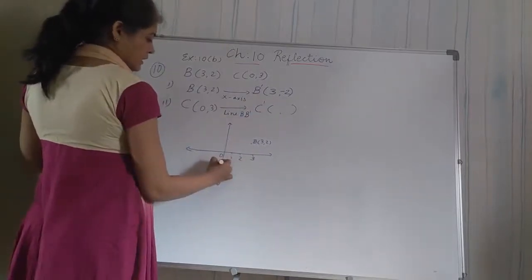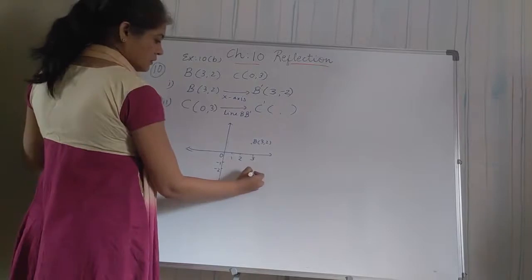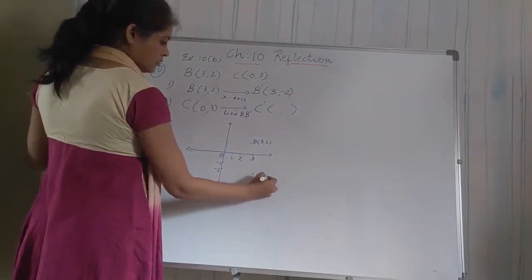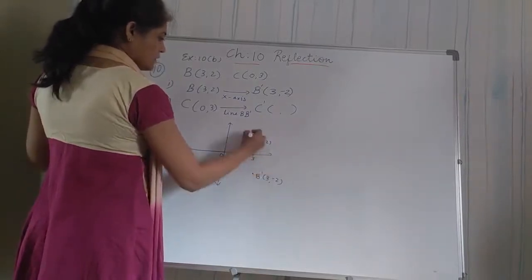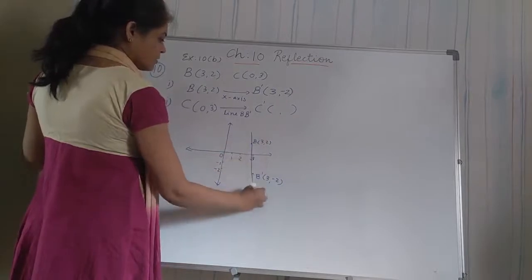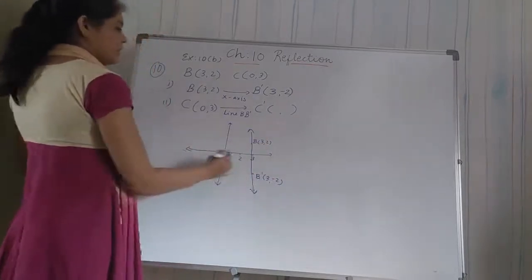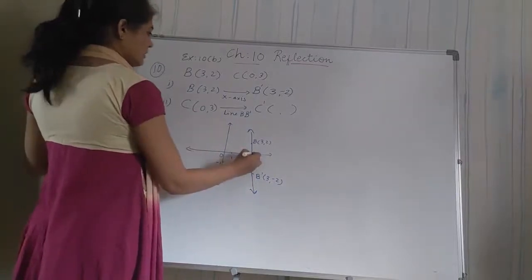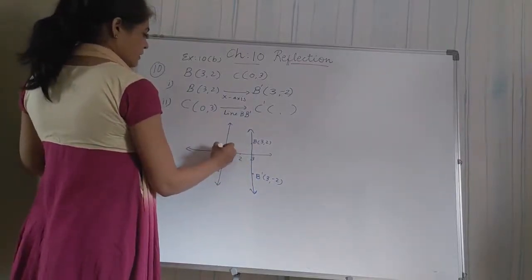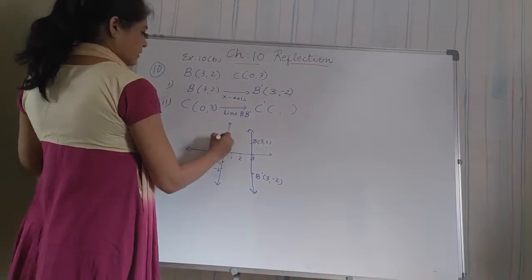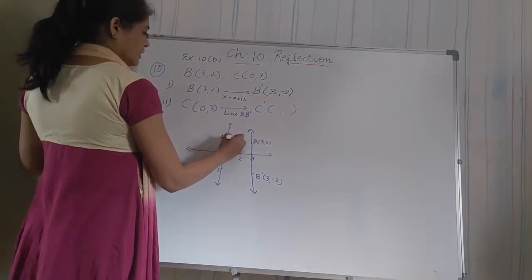It means it lies here at (3, minus 2). Right. So this is our line B, B dash. Okay, this is the B, B dash line and the point C (0, 3) lies here.